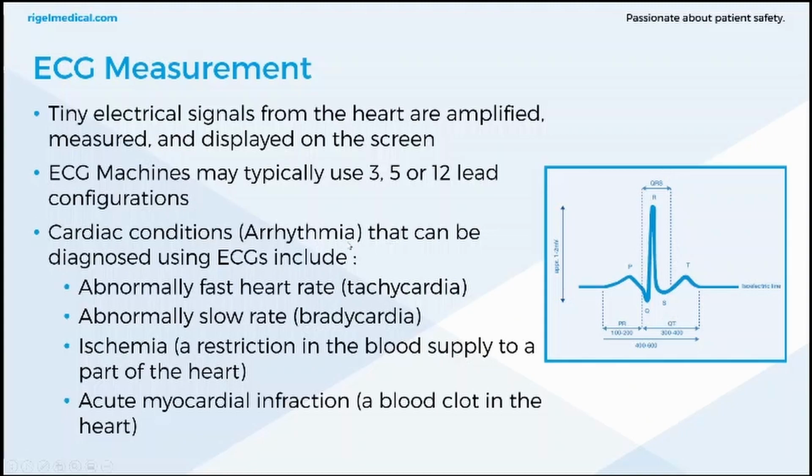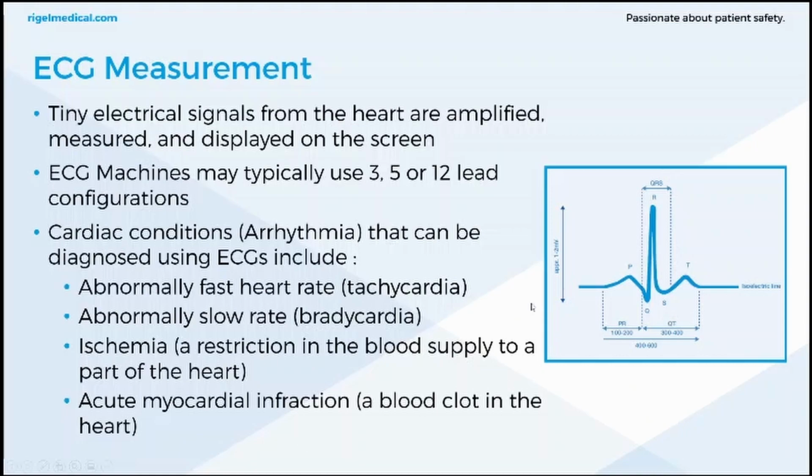Cardiac conditions or arrhythmias that can be diagnosed using ECGs include abnormally fast heart rates or tachycardia, abnormally slow rates, bradycardia, ischemia, which is a restriction in the blood supply to a part of the heart, an acute myocardial infarction or blood clot in the heart.